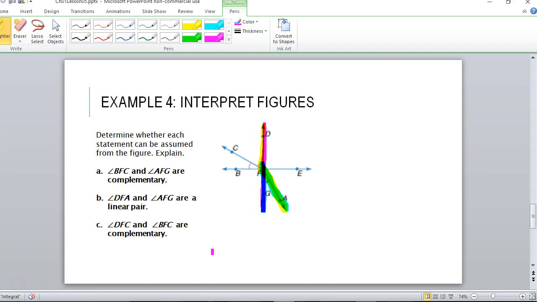Their non-common sides are opposite rays. And then DFC and FBC are complementary. Yes, they are. They are adjacent angles and they form together a right angle, adding to be 90 degrees.